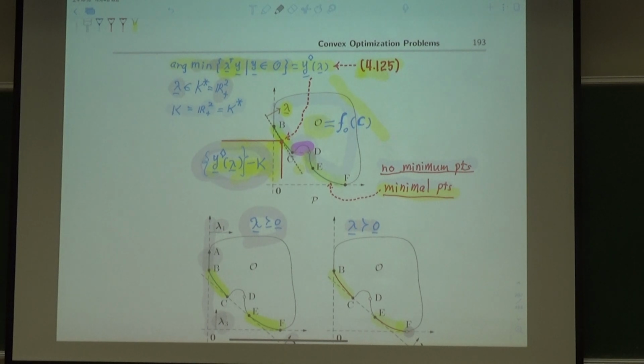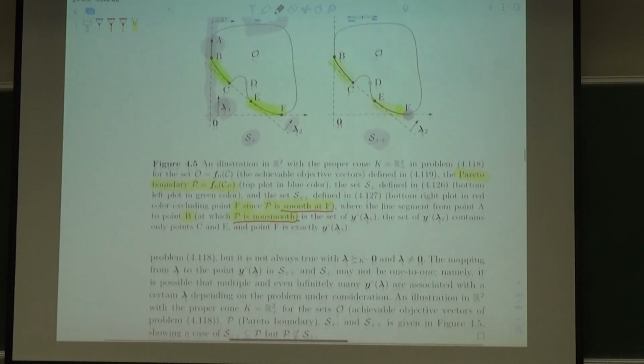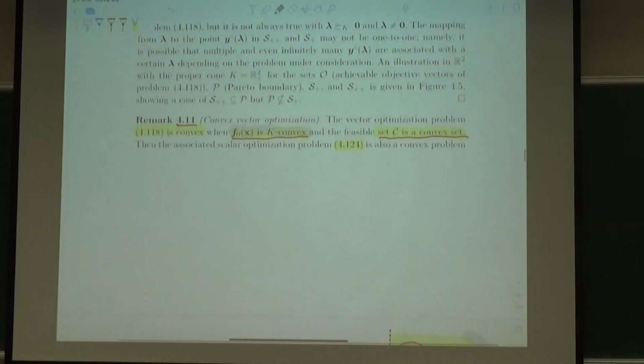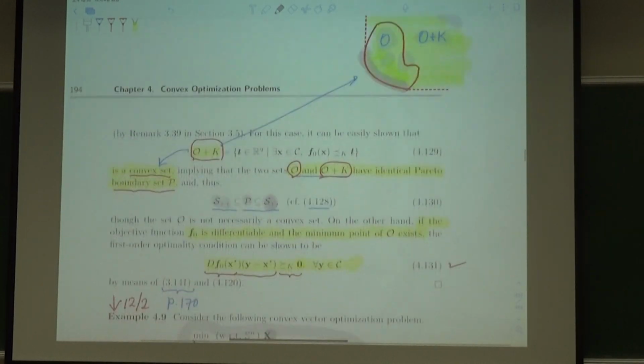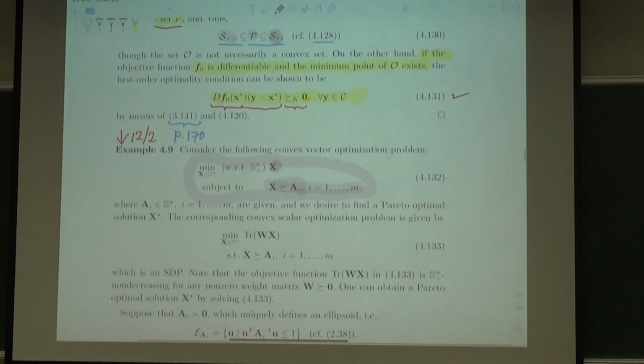Lambda transpose Y, this is for the vector case. For the matrix case, given a W, because the PSD cone is self-dual, W is any matrix in the PSD cone.